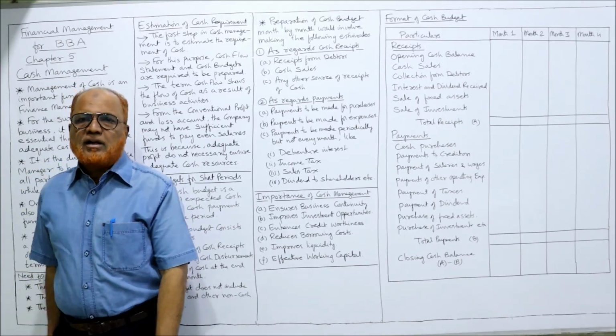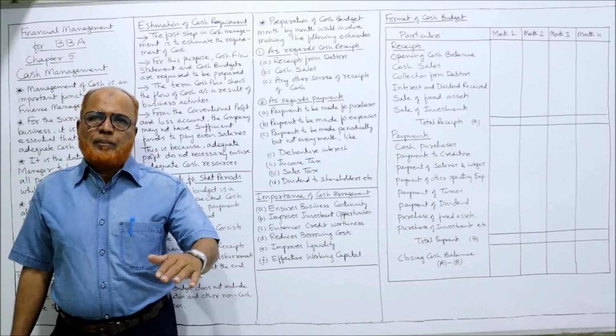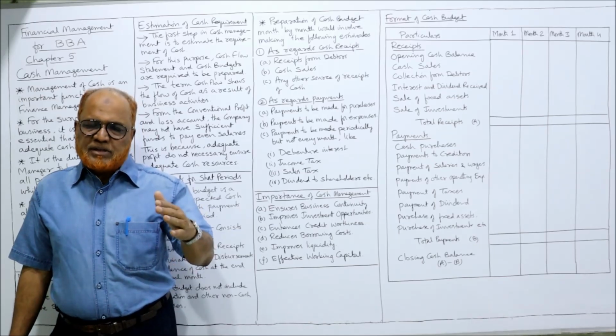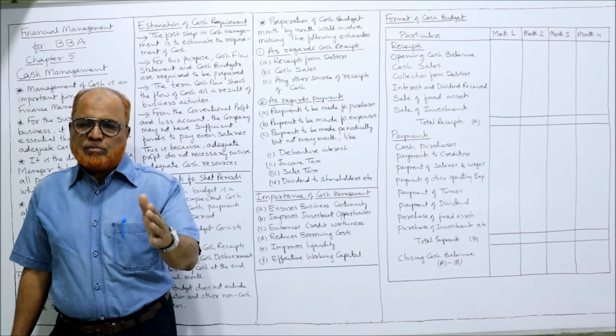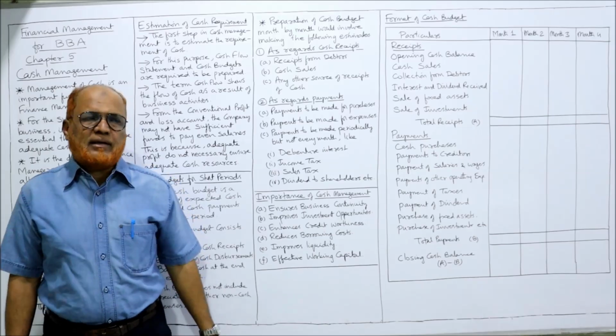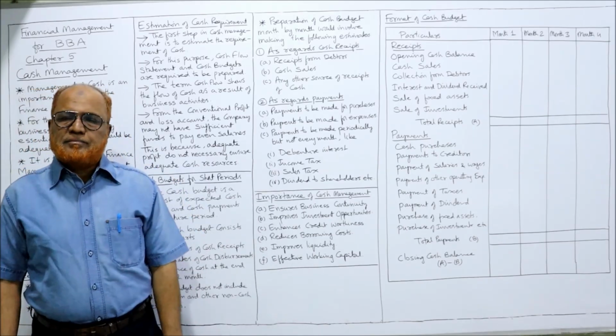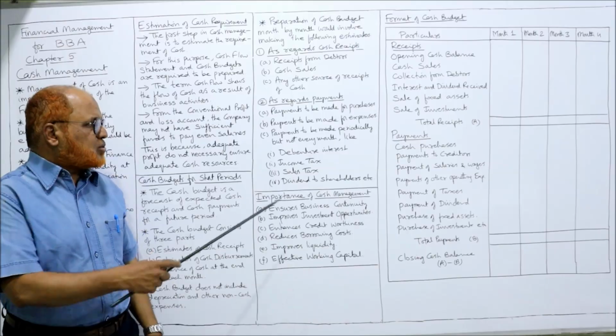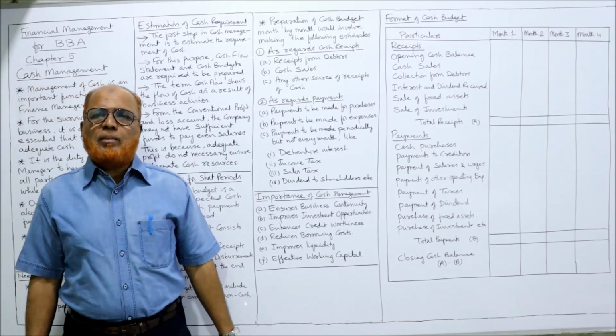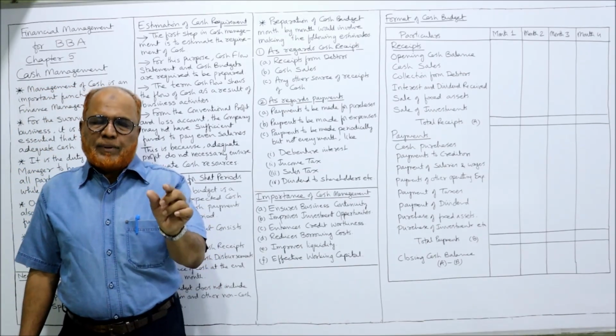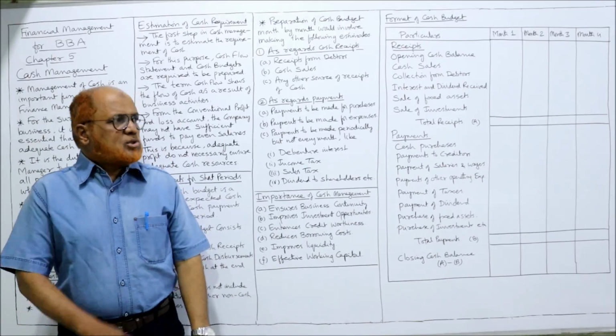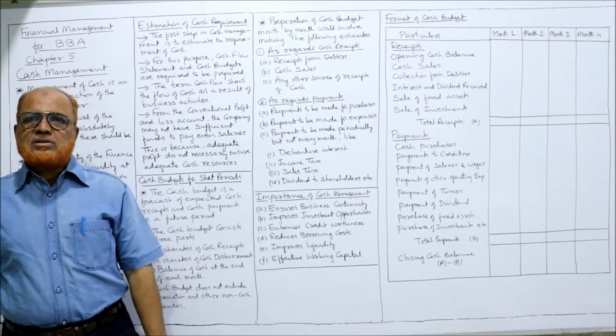Similarly, income tax will not be paid monthly. It will be paid at any time, that means on 31st March or 30th June or 30th September, like that. Then sales tax, just like income tax, sales tax will be paid. Dividend to shareholders will not be paid monthly. At any particular time, dividend will be paid. So these are the expected payments we require.